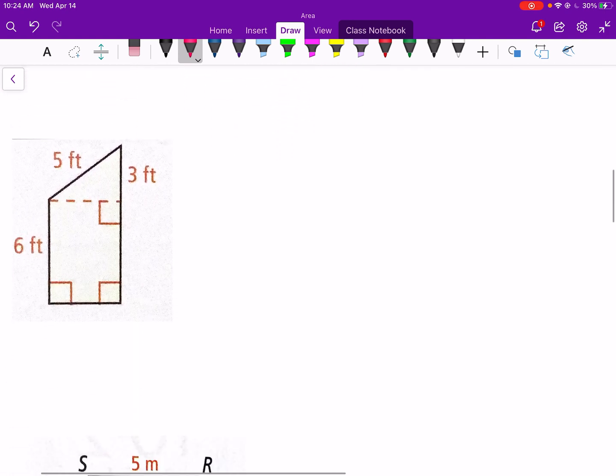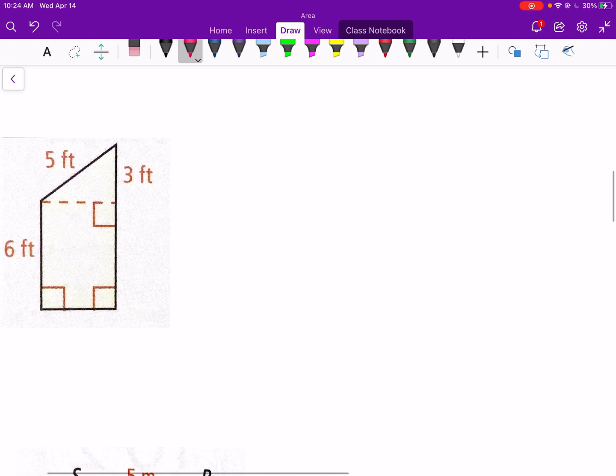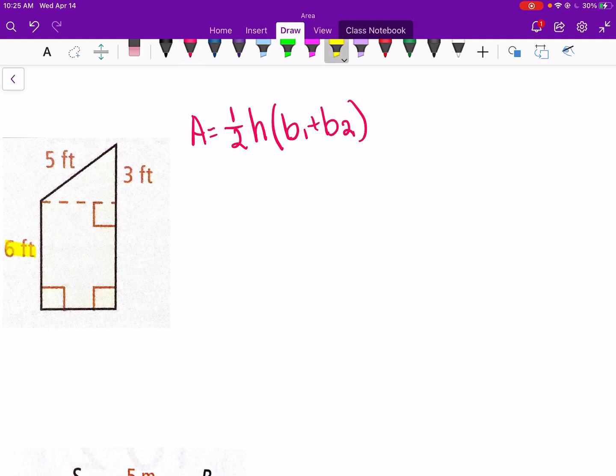On this next example, we are also finding the area. So I'm going to write the area formula up here again. So 1/2 times the height times the sum of the bases, base 1 plus base 2. Notice we have this base right here, which is 6 feet.